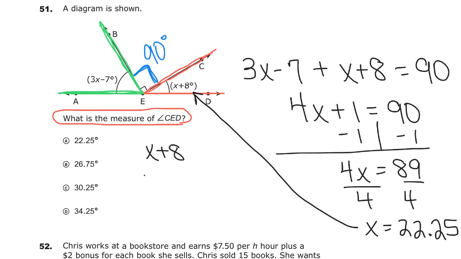X plus 8, so 22.25 plus 8, and you get 30.25. Double checking the question. Anybody get caught by this one, or are we kind of reminding ourselves to double check the questions now? Good.